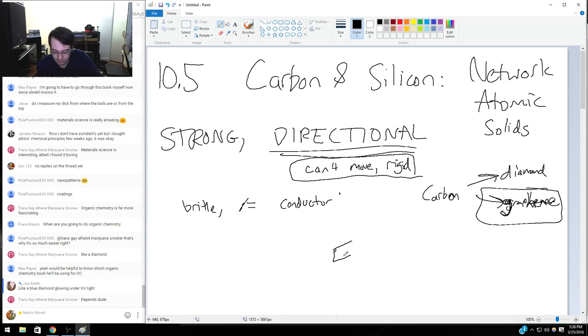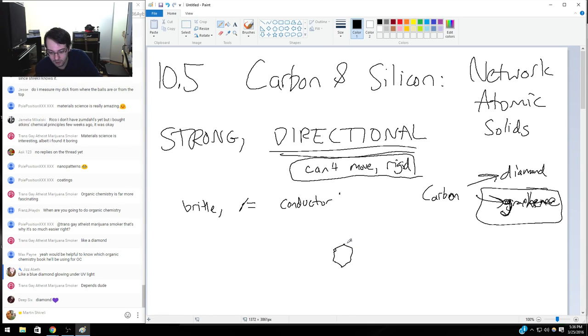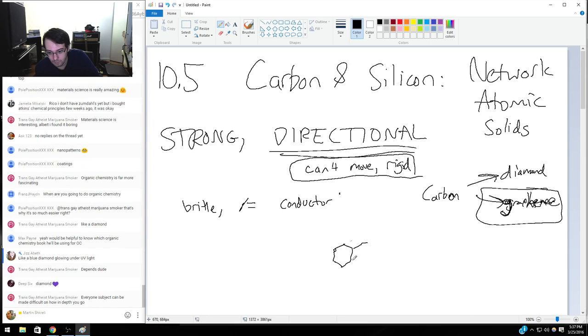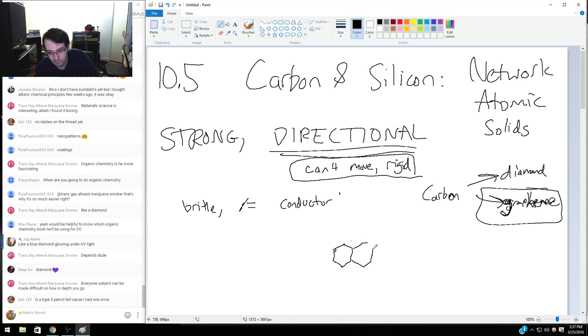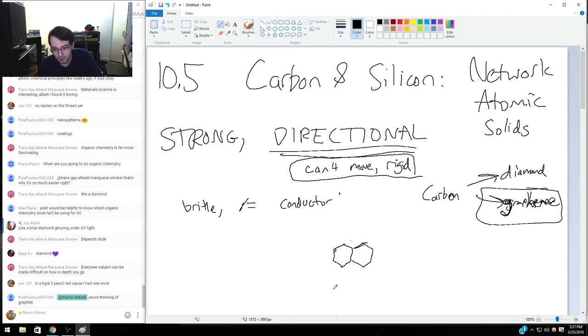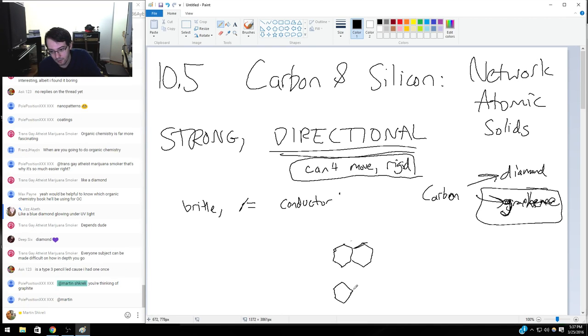We'll draw a typical benzene ring. And I'm trying to draw it in 3 dimensions, which is harder than it looks maybe. And then it sort of has layers. It's interesting, it has these layers.